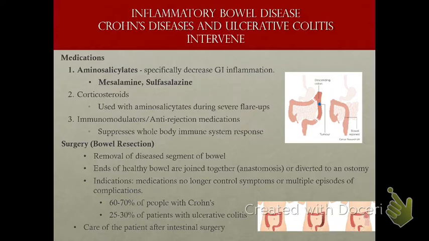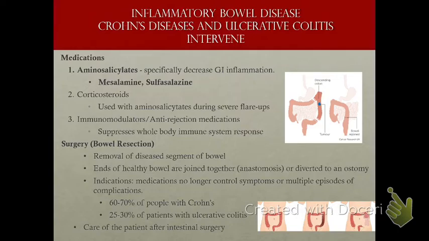But again, when you've sutured up a piece, we're not going to put a lot of stuff through it and stress those sutures. So they will probably be NPO for a while after intestinal surgery as well. If the bowel was too much to reconnect, then they will end up with an ostomy bag. Some patients end up with a temporary ostomy until things settle down and heal, and then they go back in and try the anastomosis.